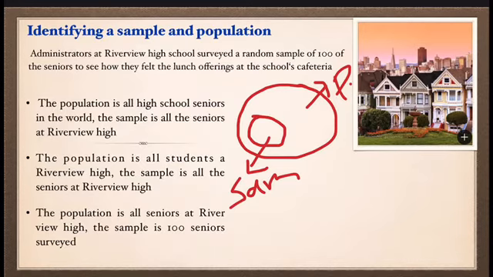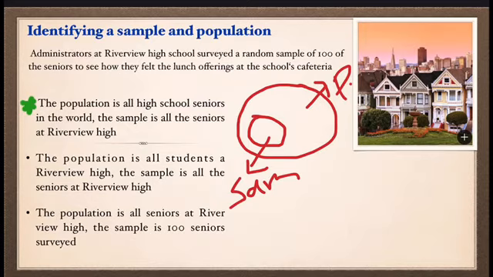It says in this part over here that the population is all high school seniors in the world. The sample is all the seniors at River High School. Do you think that matches what I said at the beginning?